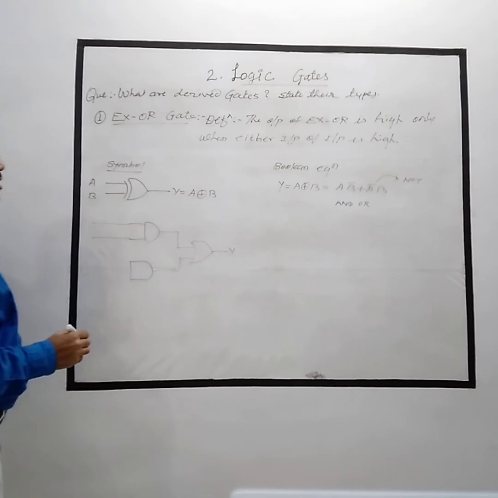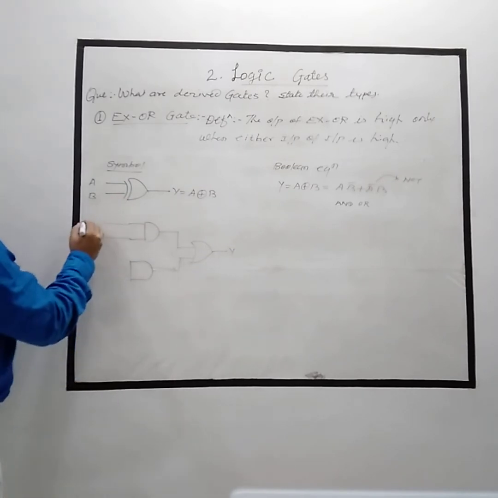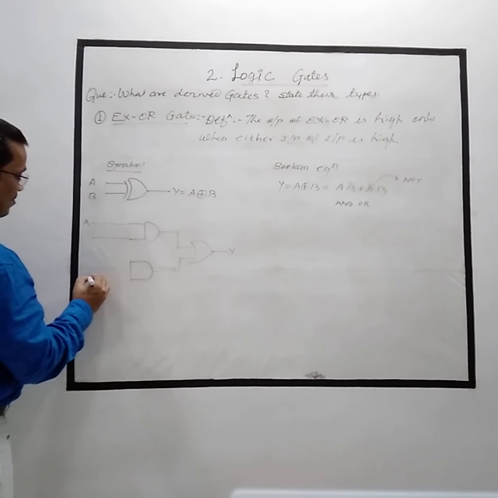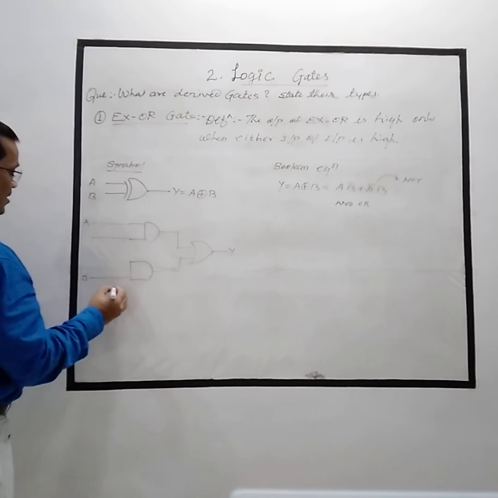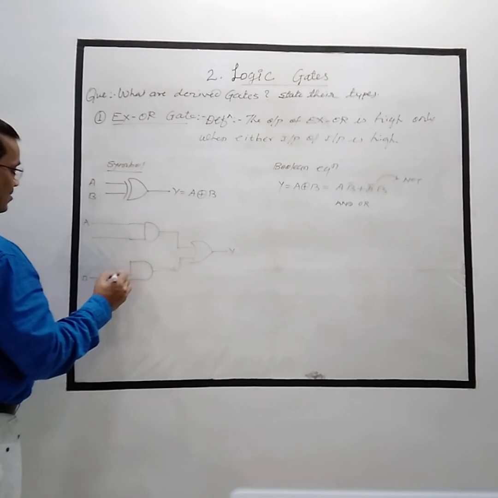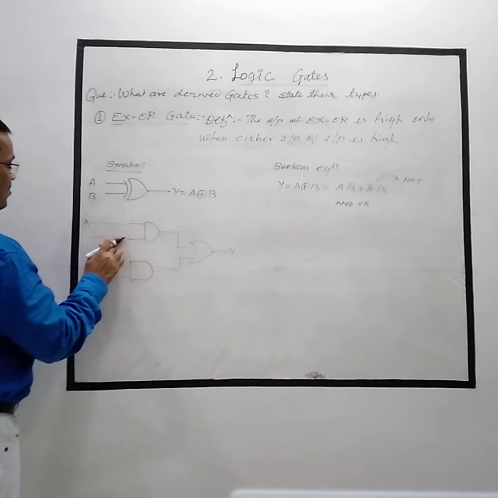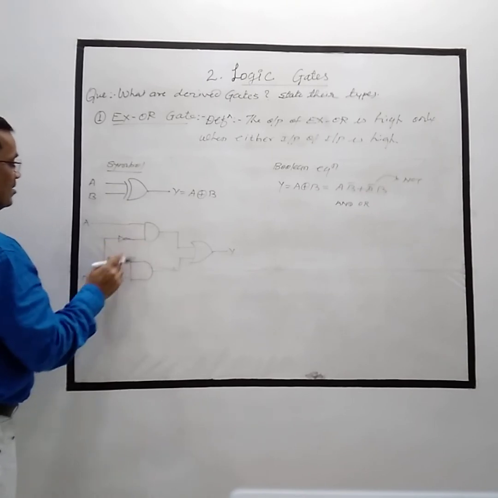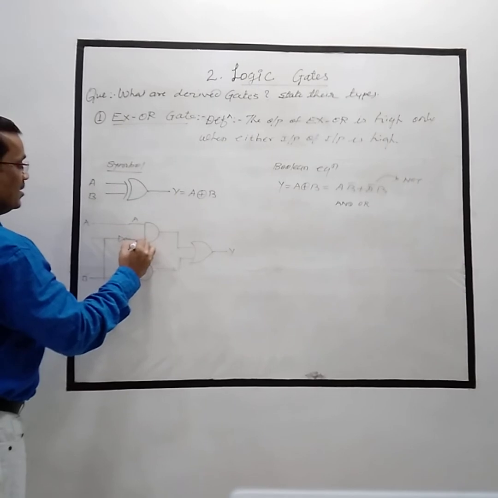Inputs A B bar. Suppose this is A and here it is B. Where is B bar then? By conversion, so here it is A, here it is B bar.